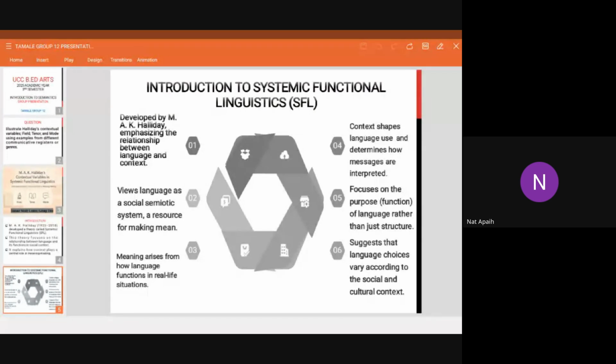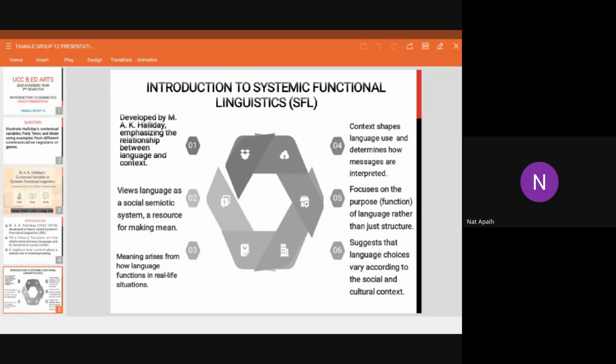And then point 4, the theory emphasizes that context shapes language use and determines how messages are interpreted. Point 5, the theory focuses on the purpose, that is the function of language, rather than just the structure. So here, Halliday is emphasizing the functional aspect of language, and not the structure per se.